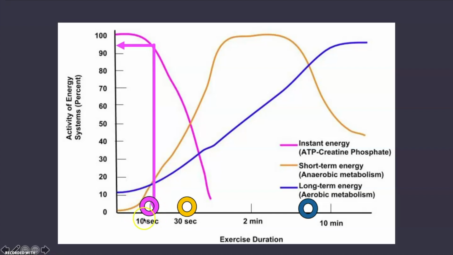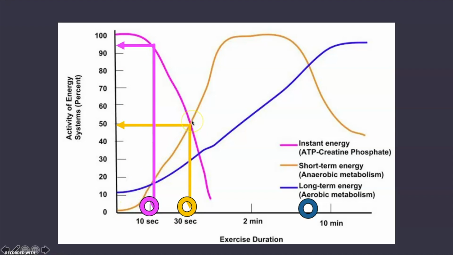Have a look at this first line here. As we can see, within the first 10 seconds of exercise, approximately 90 to 95% of energy is being provided by the ATP-PC system, but that's not 100%. The other 5 to 10% is coming from the lactic acid system in yellow and the aerobic system in blue. It's the same story with the lactic acid system at 30 seconds.